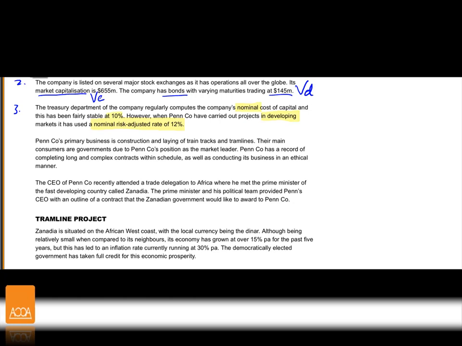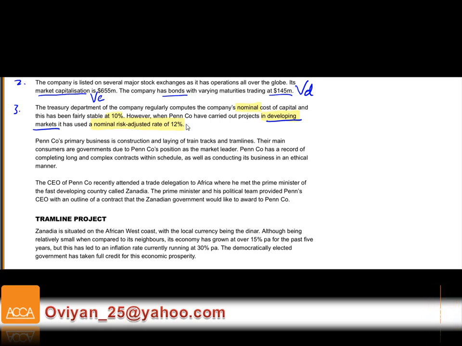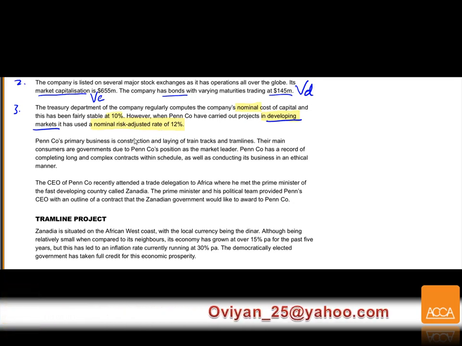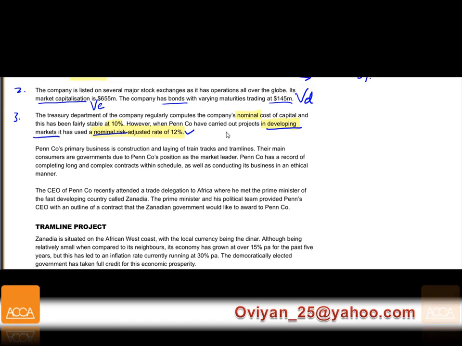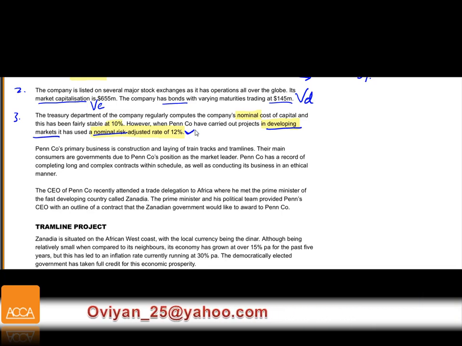So you're going to do business in an emerging market, so there could be some risk adjustment to it, and they're not giving us any proxy company beta for us to ungear and regear. They're just giving us a risk adjusted WACC of 12%. So this is going to be my cost of capital, your domestic cost of capital.